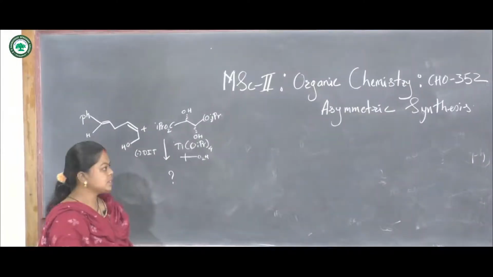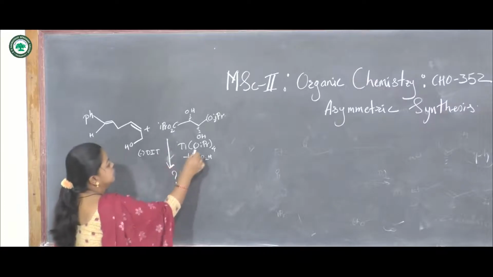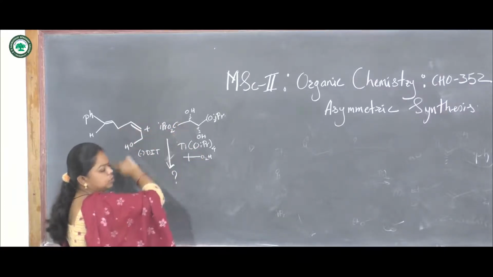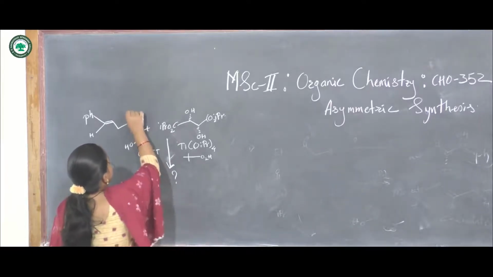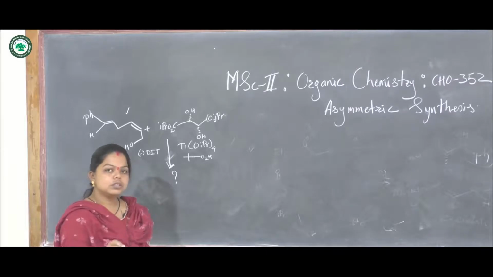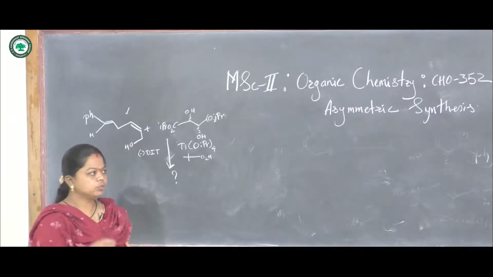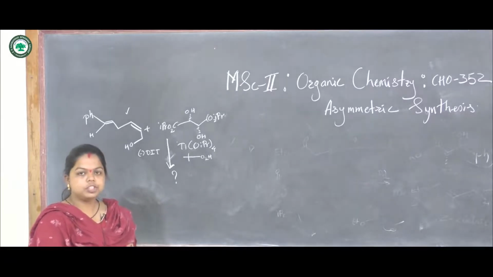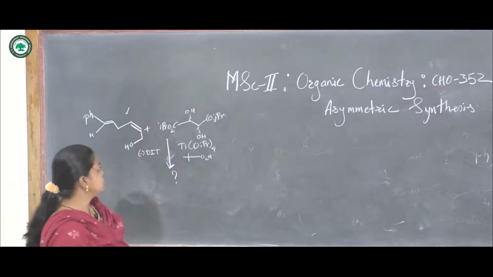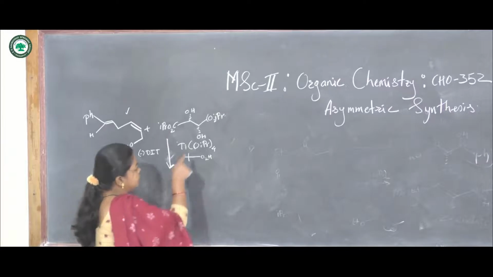Now the substrate is given and these reagents are given here. Two substrates are given, or this is the substrate and it is going to react with another molecule. In this type of reaction, first we have to identify which compounds are present in the reaction, which functional groups are present and which reagents are used.